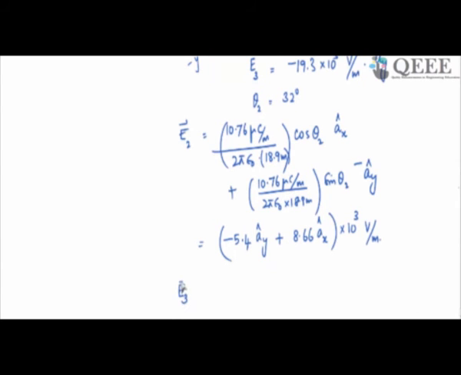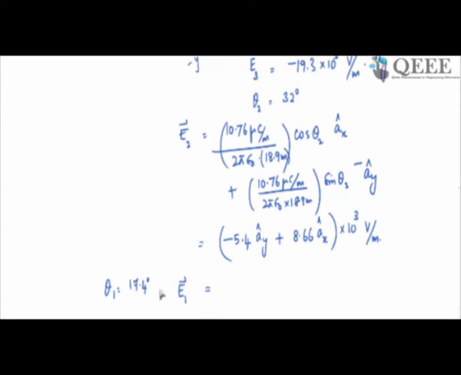Similarly, you can find out E1. You can find out this angle. That angle, theta 1, turns out to be 17.4. These angles can be calculated from the geometry of the problem. It's just, you know, sine theta is opposite side by hypotenuse kind of calculation.